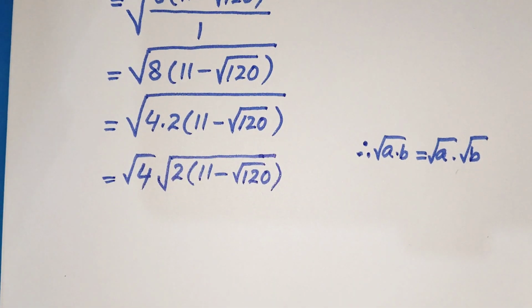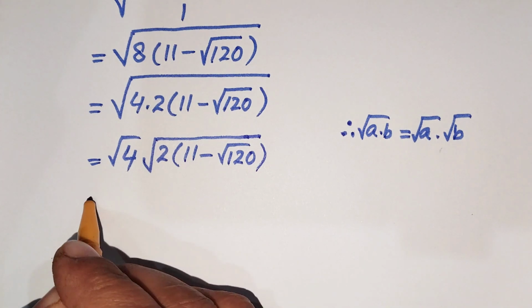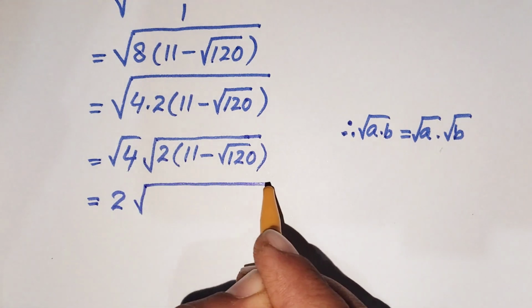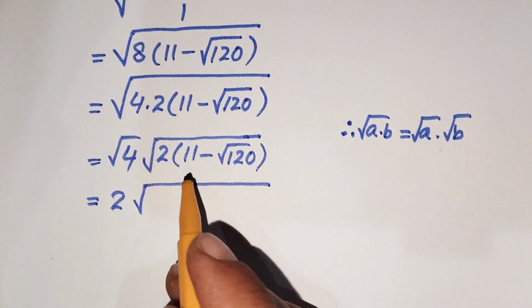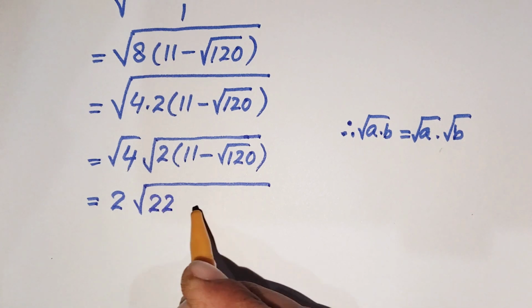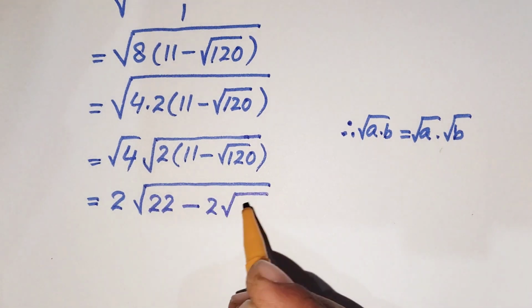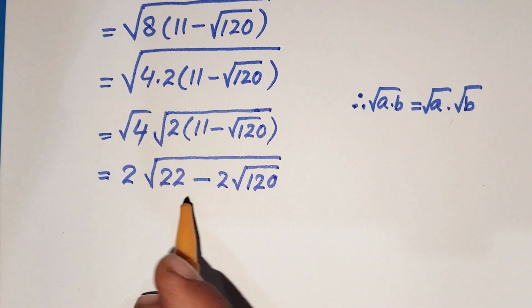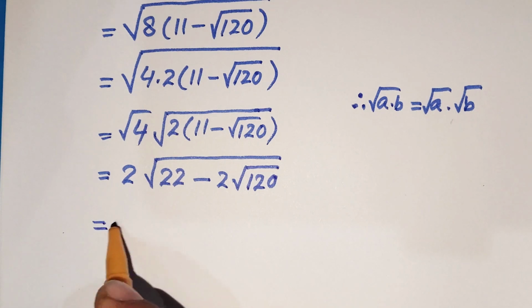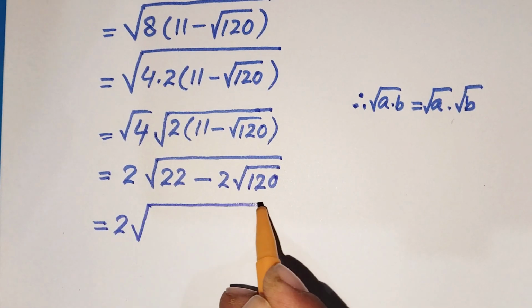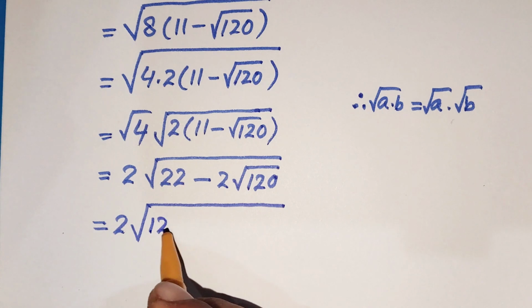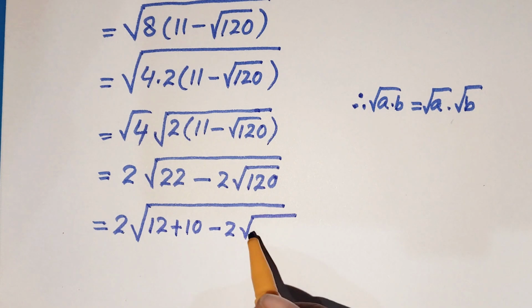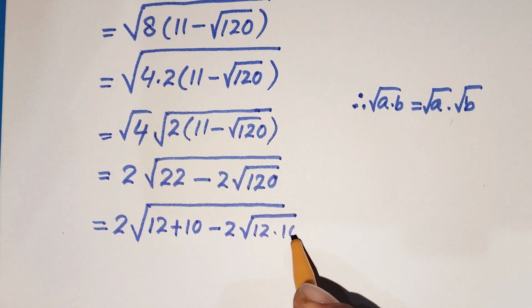Now as we know that the square root of 4 is equal to 2, so 2 times the square root of, when we multiply in the parentheses we get 2 times 11 is 22 and minus 2 times the square root of 120. Now we are going to write 22 as 12 plus 10, and minus 2 square root of 120, we write this as 12 times 10.